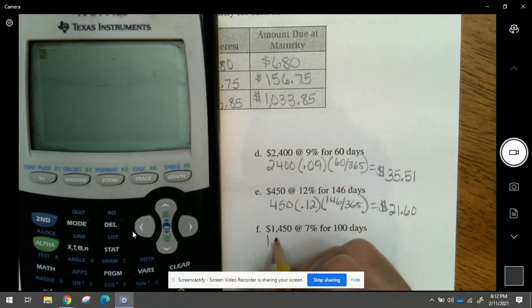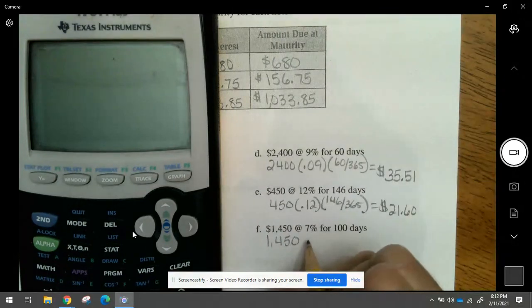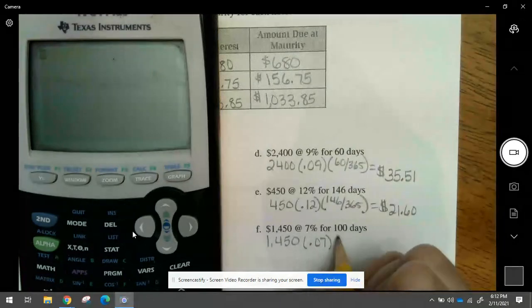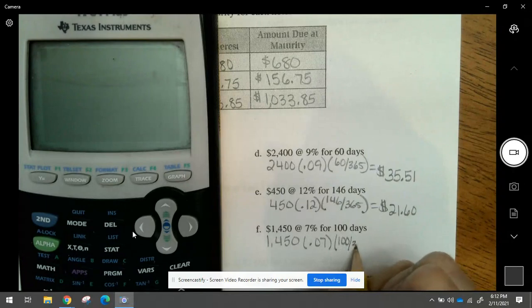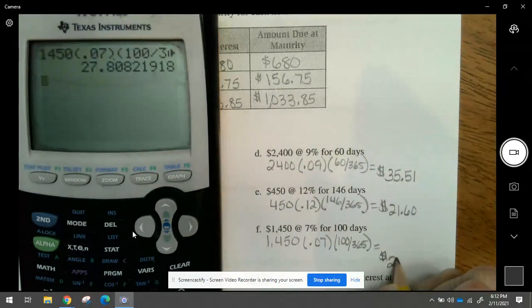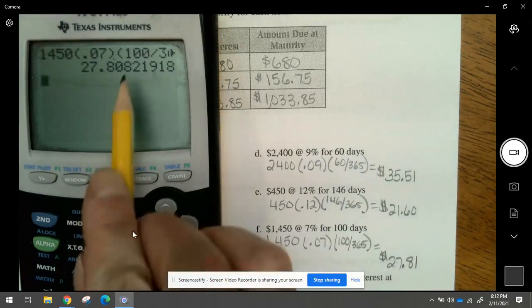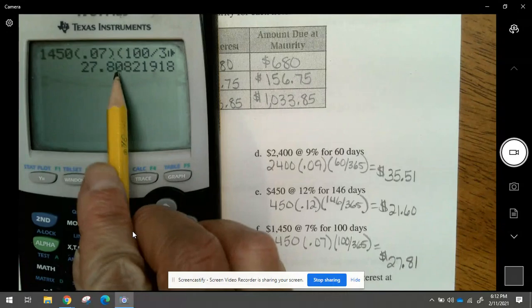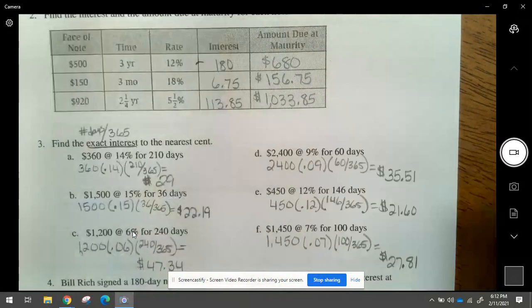All right, last one for this column. 1,450 times 0.07 times 100 out of 365 days. And we get $27, and again, round appropriately, 81 cents here. This 8 makes this 0 round up to a 1.